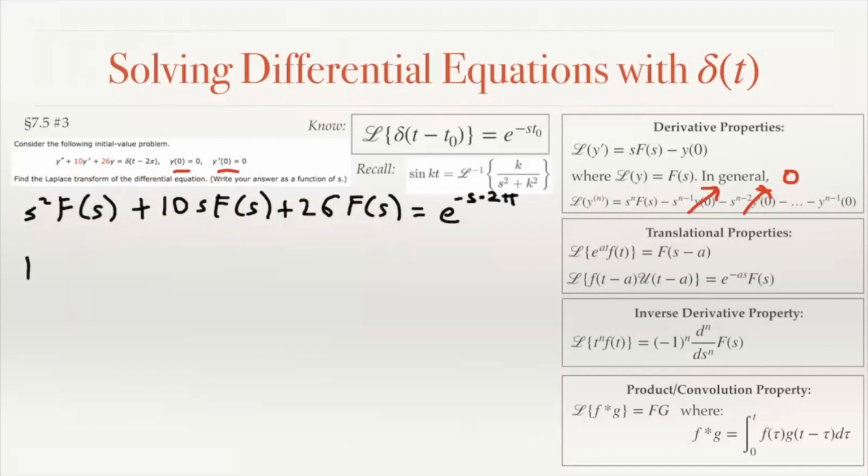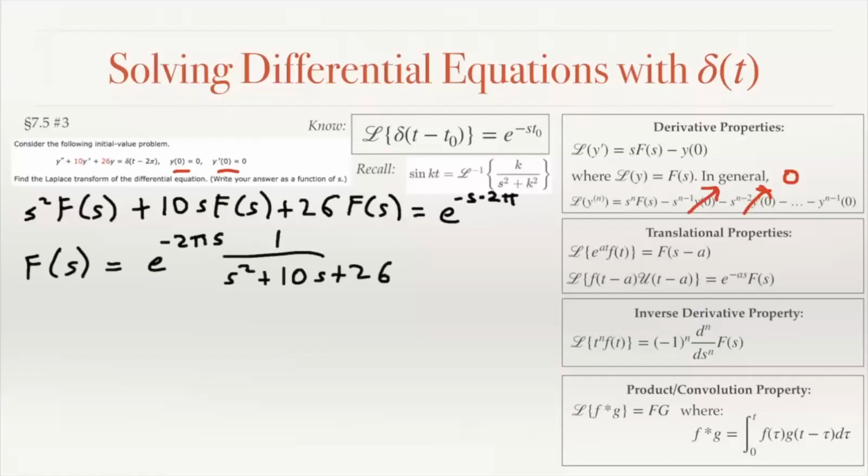So now we factor out, and we have e to the negative 2 pi s times 1 over s squared plus 10s plus 26. And now we find the inverse transform of that. So think, how can we go about doing this?